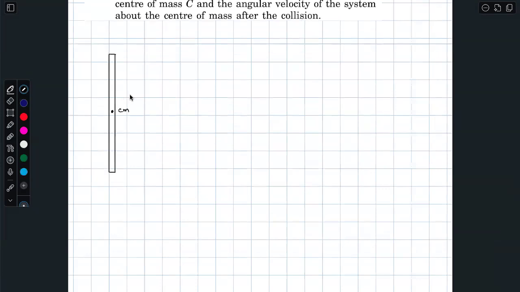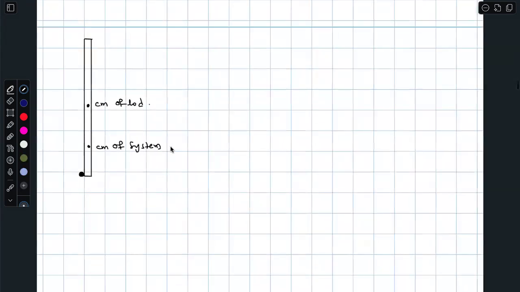in case of sticking, this is like the center of mass of a rod. Once it sticks here, center of mass of system. So you have the center of mass of the rod and the center of mass of the system.